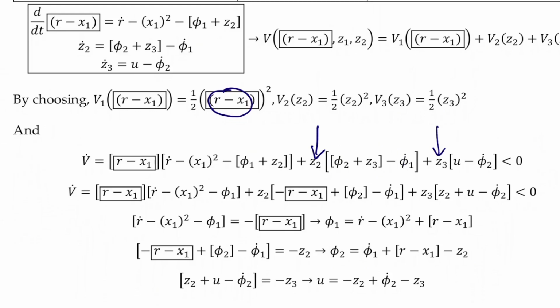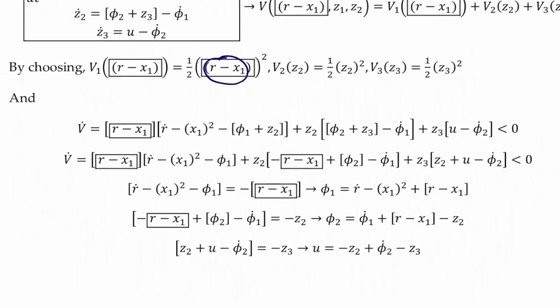In addition to that, we don't want any Z3 related term in this bracket, so we can get the Z3 times something terms into that bracket. Here this is going to go here, and also since we have Z2 Z3, this is going to go here. Same idea that we considered in the backstepping regulation problem.